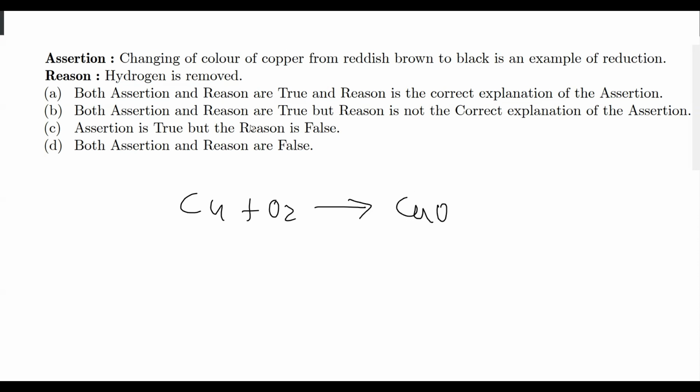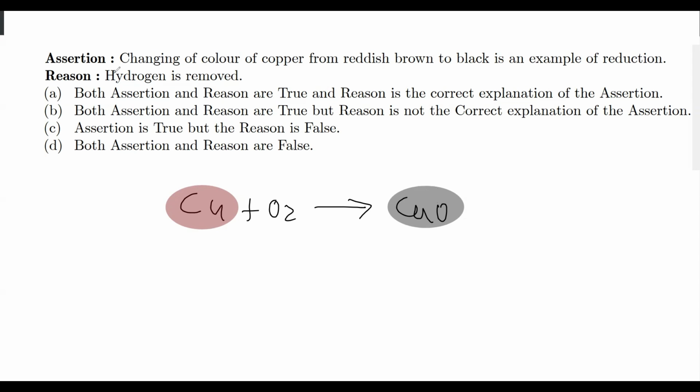And what you should know is that the color of copper, this is copper, right, is reddish brown and it turns black, right? And what you can see here, this process is oxidation. Right. So you're saying the copper from reddish brown turning black is an example of reduction. Clearly not. This is an oxidation. As you can see, oxygen is being added over here.